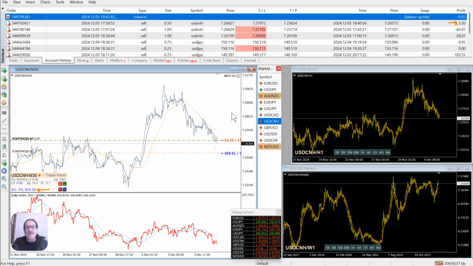That means that as price continues to move in my chosen direction, which in this case is a sell position, price continues to decline. The trailing stop will follow price and will automatically lock in new levels of profit.